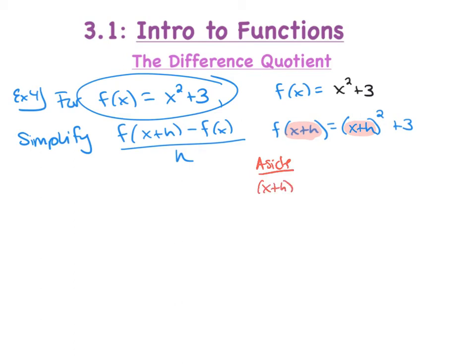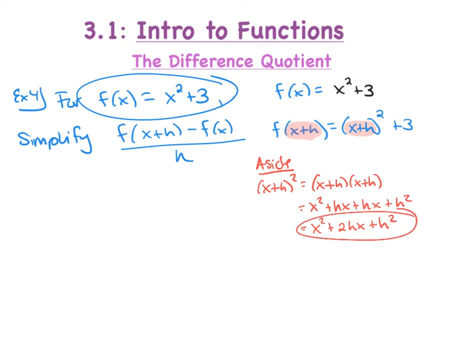X plus h squared is x plus h times itself. So x squared plus hx again plus h squared is x squared plus 2hx plus h squared. So that's going to go here. So we have f of x plus h is x squared plus 2hx plus h squared and then plus 3.